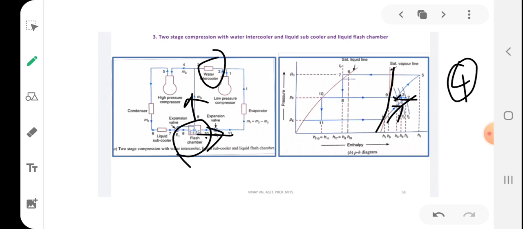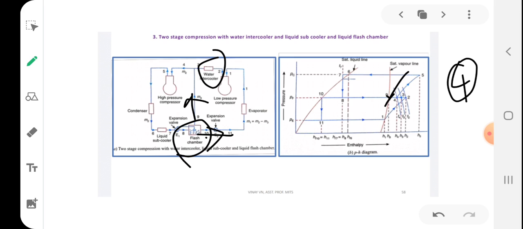I have already told you that when the state of the refrigerant is on the saturated vapor line, the work of the compressor gets reduced, because the lines close to the vapor dome yield lesser work.